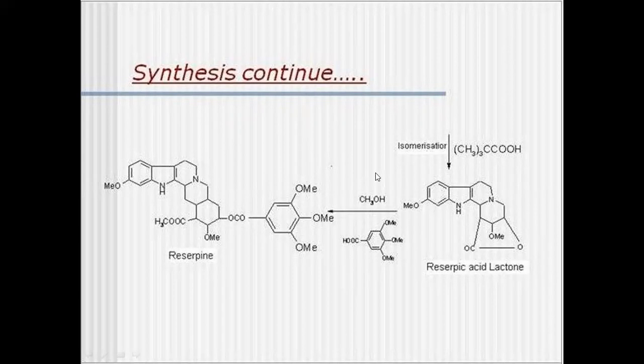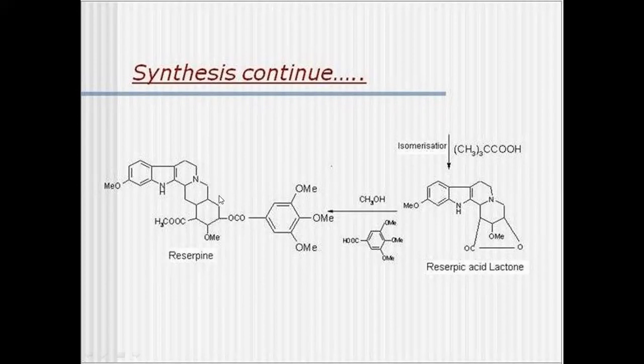So you have 3 components in reserpine: one is reserpic acid, and the others are methanol and benzoic acid. So in order to get the complete form of reserpine, you have to combine reserpic acid, methanol and benzoic acid. That is nothing but trimethoxybenzoic acid. So when you combine these 3, finally we will get reserpine.